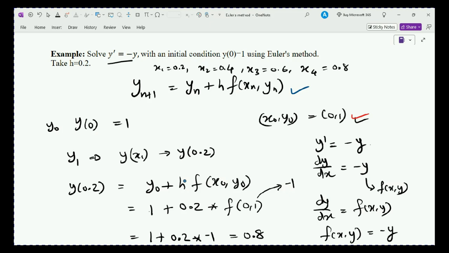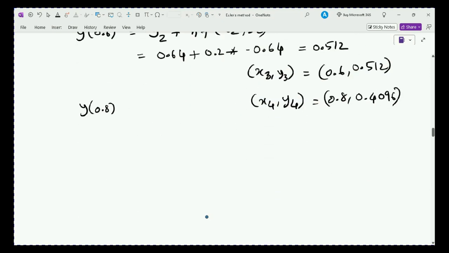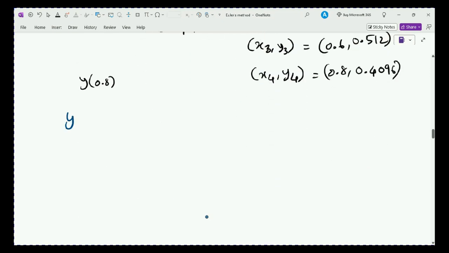Now we are going to plot the solution and compare it to the analytical solution. We know the analytical solution to this equation. This is a very simple differential equation, y dash equal to minus y, and the analytical solution is y equal to exponential minus x.